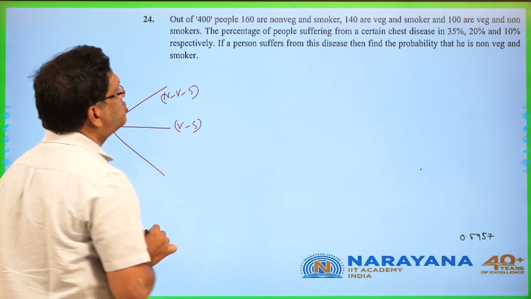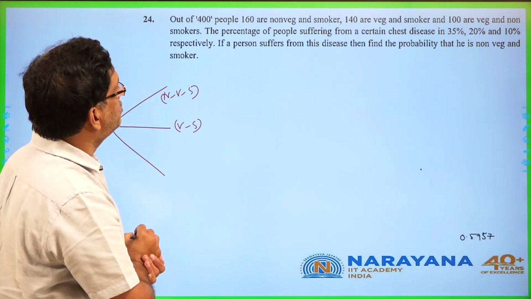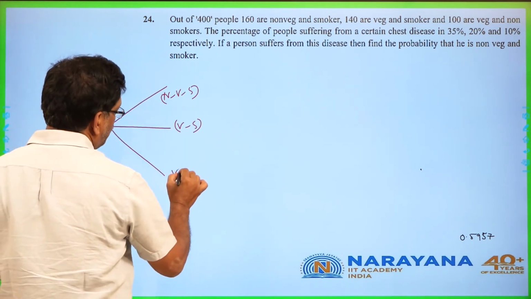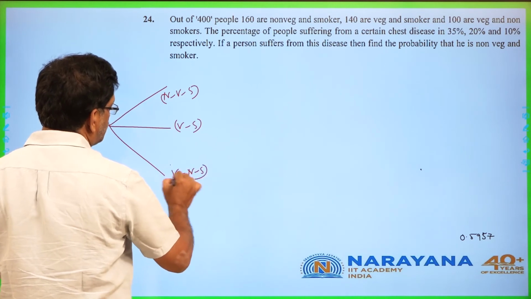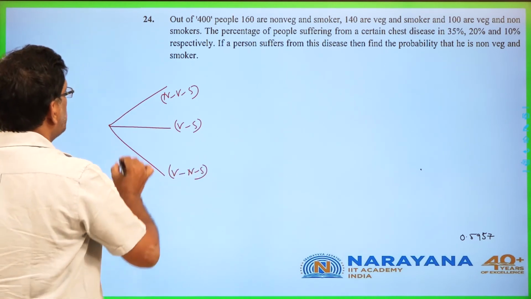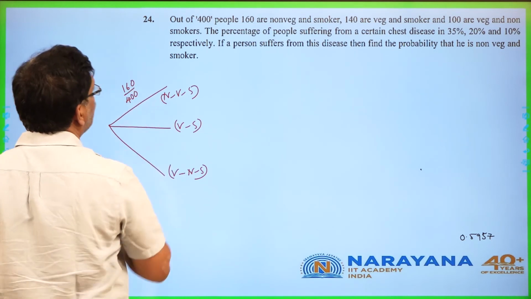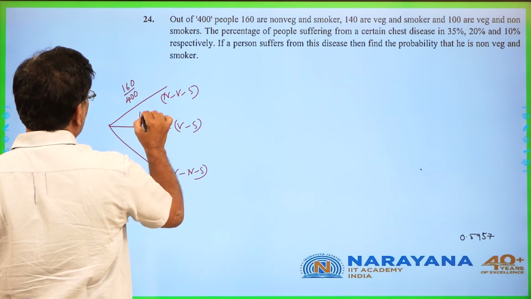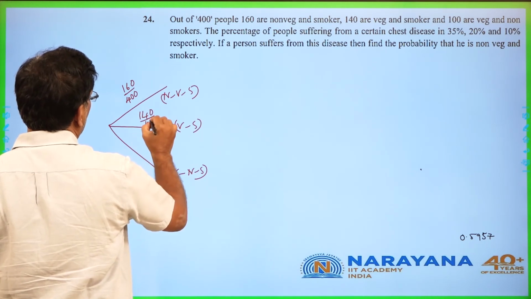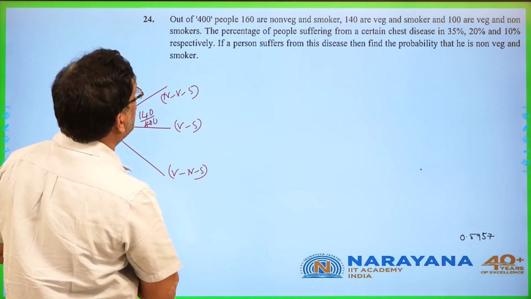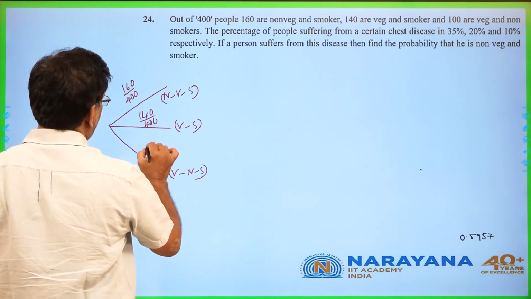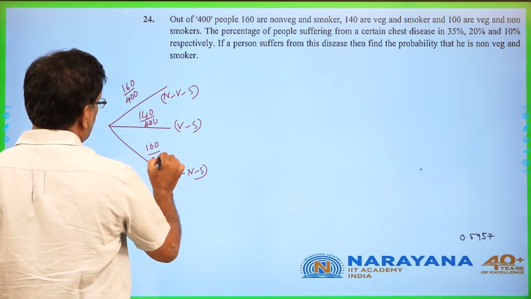And the third branch, I will write it as veg smokers, and veg non-smokers. Now what has he given? 160 out of 400, 140 out of 400, and 100 out of 400.